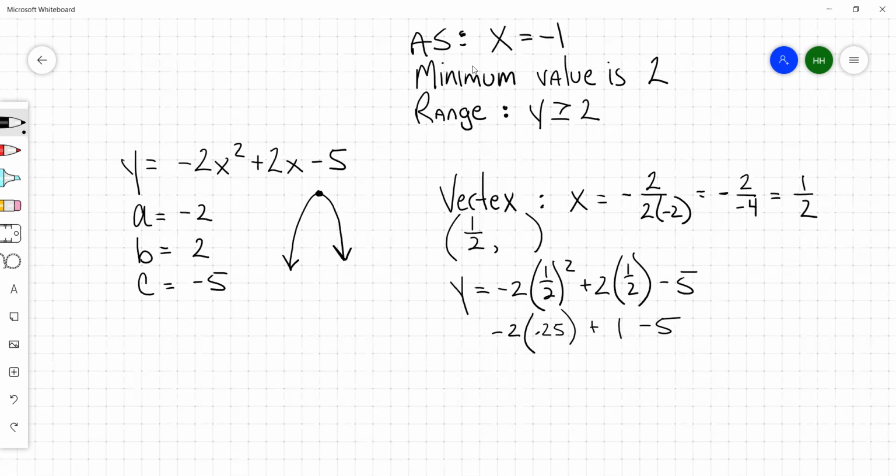So negative 2 times 0.25 is negative 0.5, plus 1 minus 5. So we got negative 0.5 plus 1 minus 5, negative 4.5. So right here, our y value at the vertex is negative 4.5.